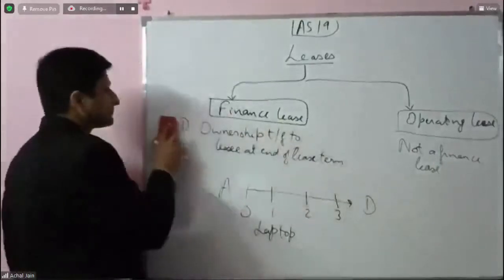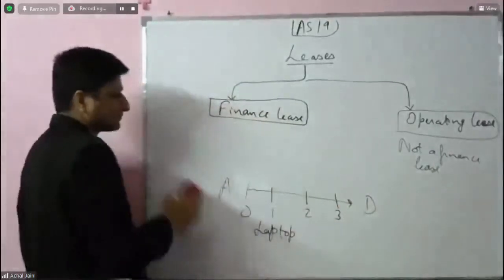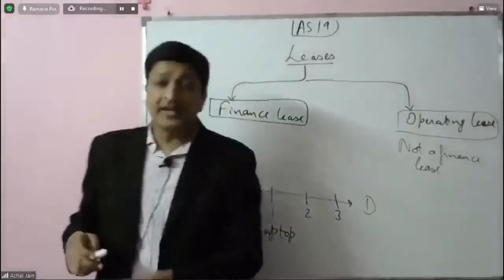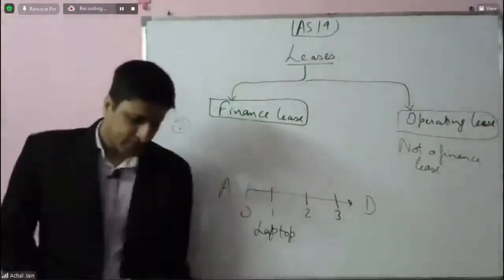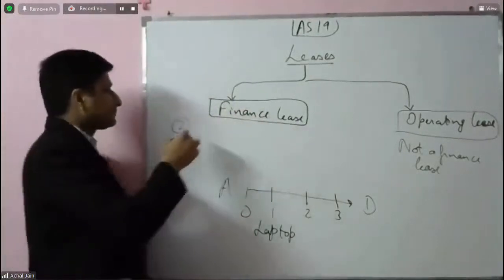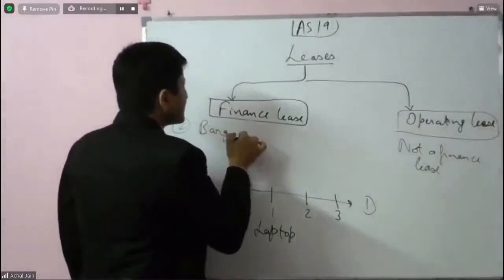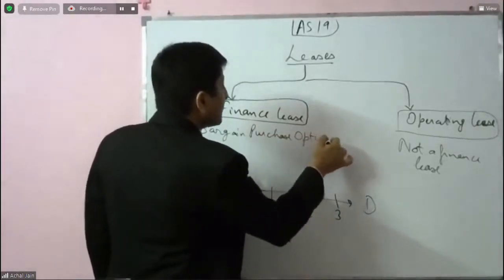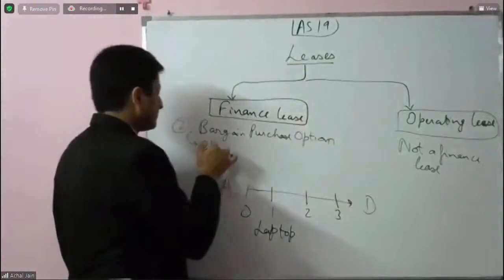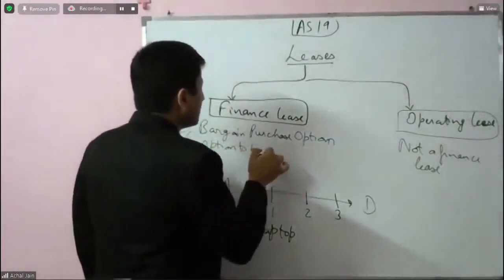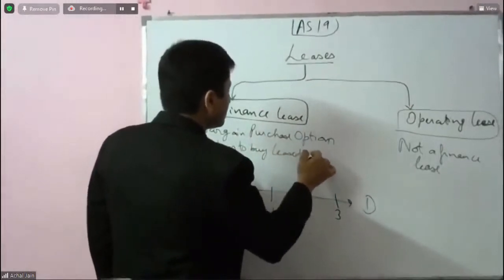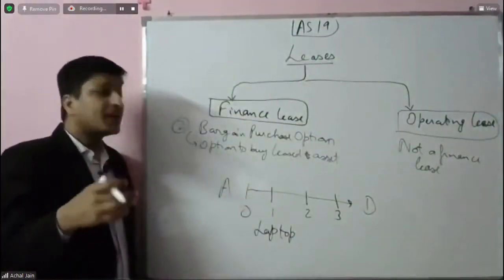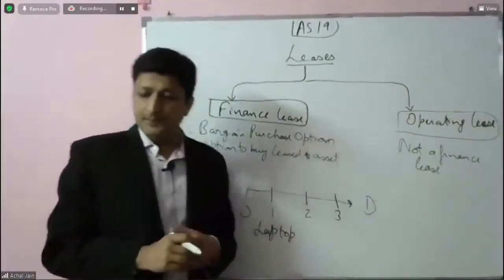Second indicator says at the end of the lease term, lessee will have an option to buy the leased asset at a value which is below market value at that point of time.